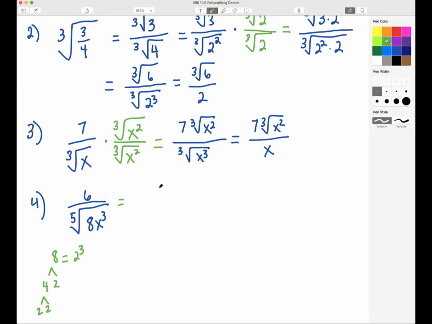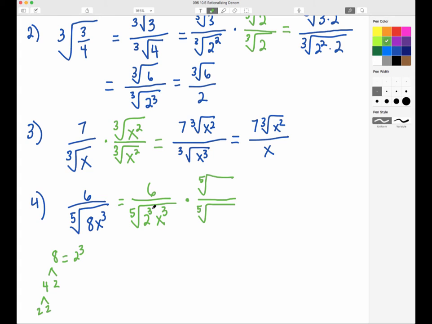So I'm going to rewrite this. 6 divided by the 5th root of 2 cubed times x cubed. And now I can easily compare the exponents that I do have compared to what I need to have. And that will help me figure out what I need to multiply by. So both the numerator and denominator will have a 5th root. That always has to stay the same.